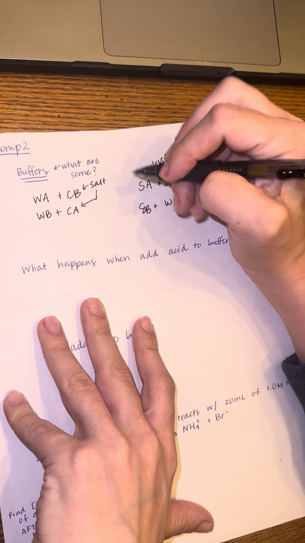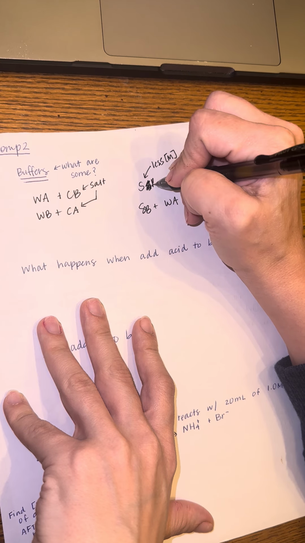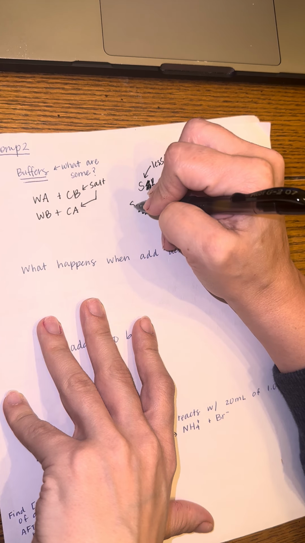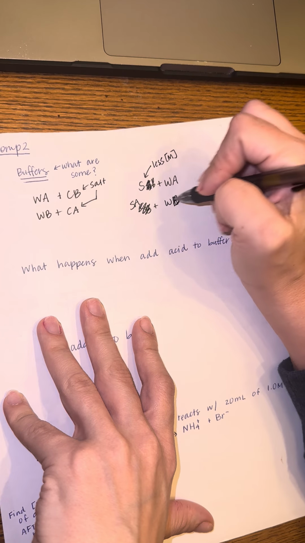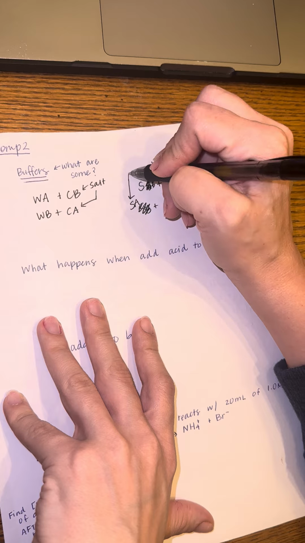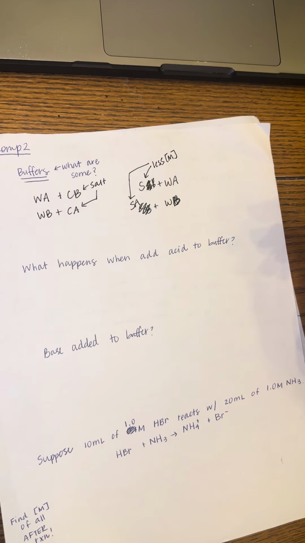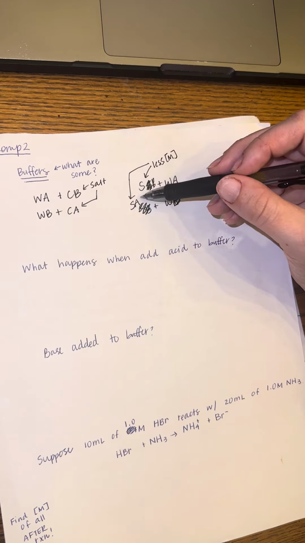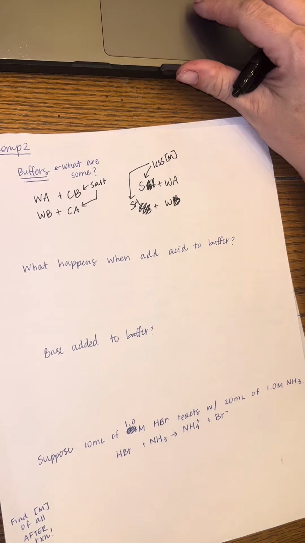Again, it should be acid and base, as long as the strong thing has fewer moles. Because if the strong thing and the weak thing are equal, the strong one is just going to win out, and it won't be a really good buffer.